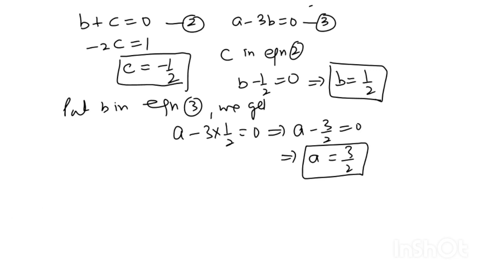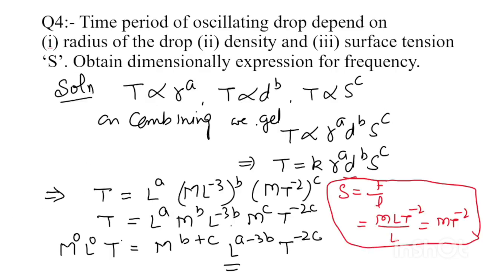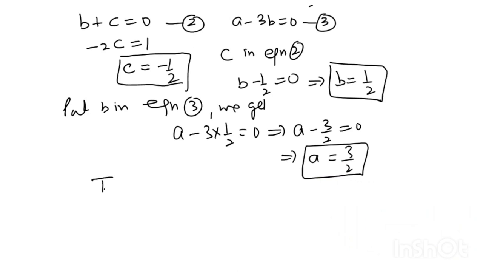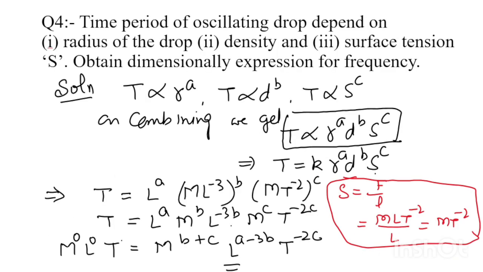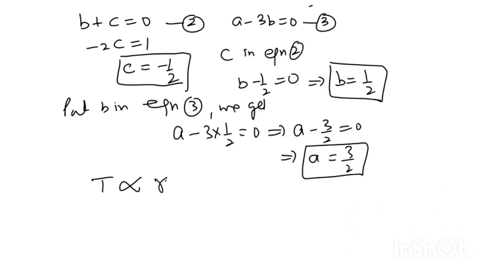Now we put these values in the equation t proportional to r power a, d power b, s power c. So t is proportional to R power a, D power b, S power c.